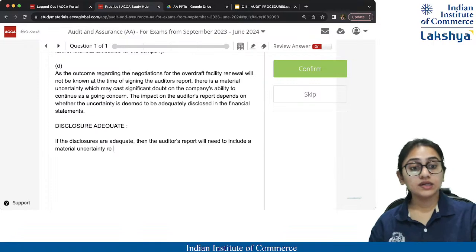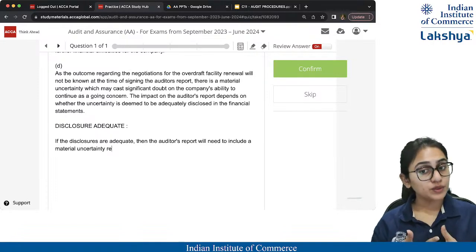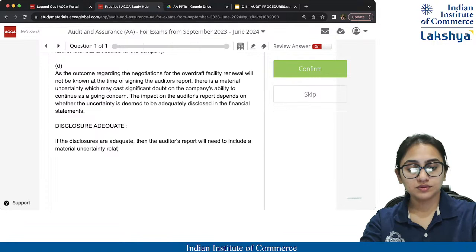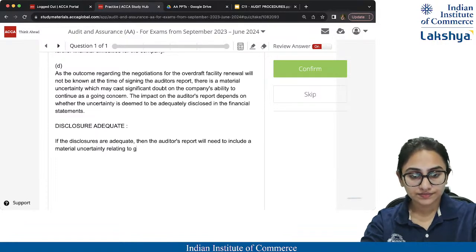Because if the bank cancels the overdraft, we really have an uncertainty relating to going concern.